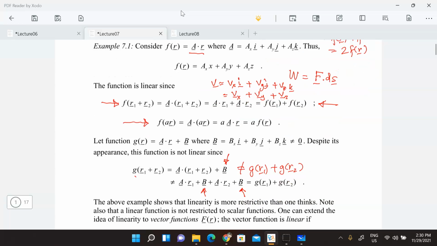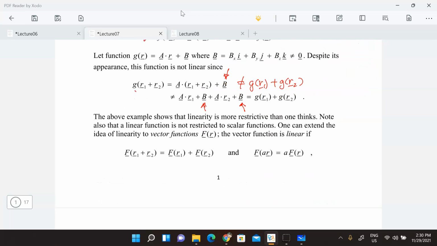But one could also have the more general possibility of a vector function. So this function takes a vector in R3 to a vector in R3. So this is no longer a scalar. Instead of one single number, it produces three different numbers.